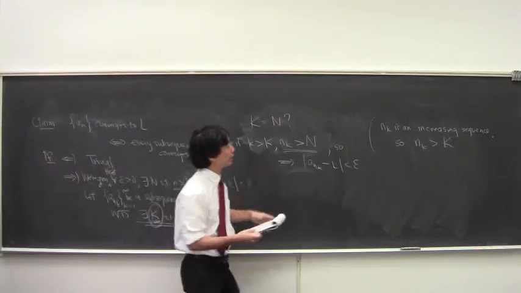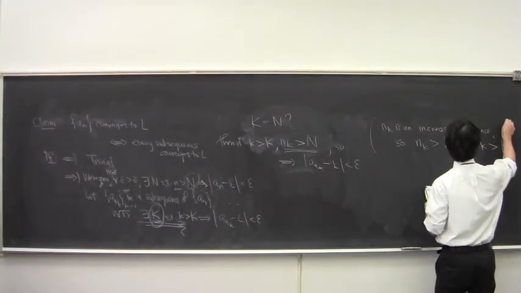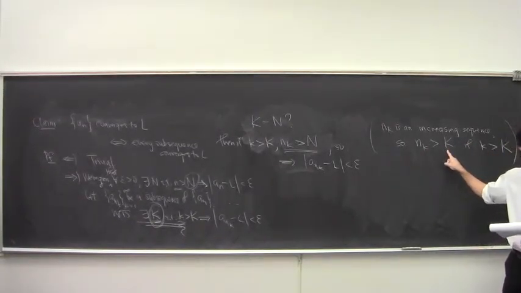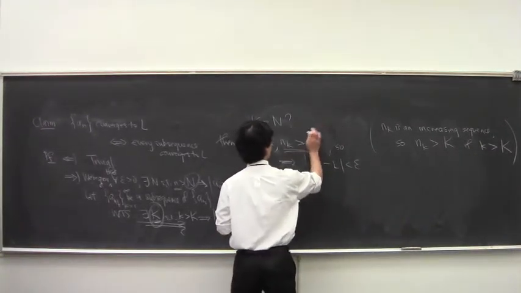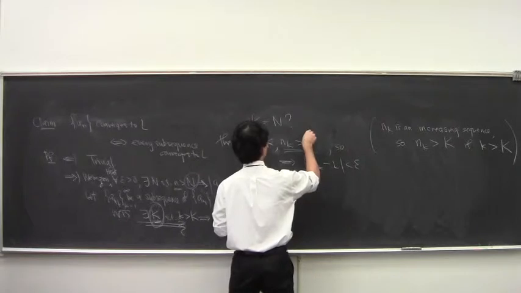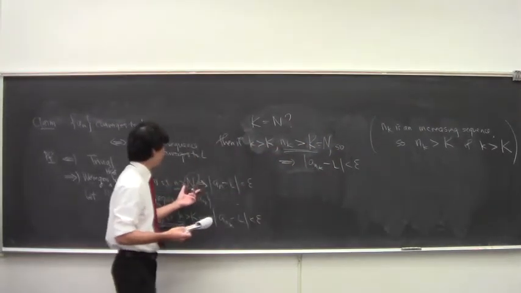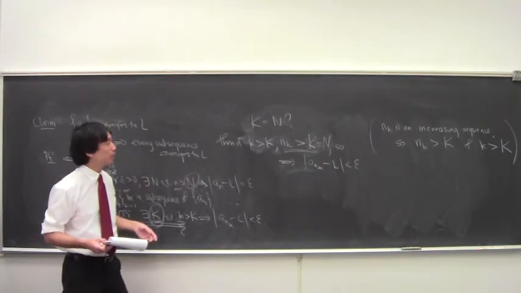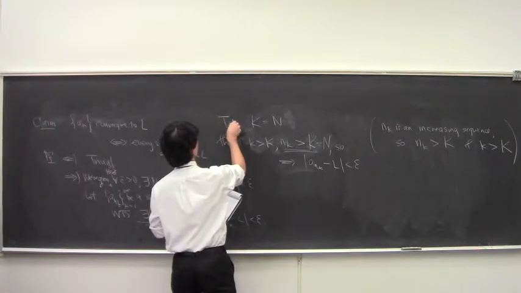If k is bigger than capital K, then n sub k is bigger than capital K, which is equal to n, right? So all these guys will be past the time that we're looking for. Okay, so that's one way. So take capital K equal to n.